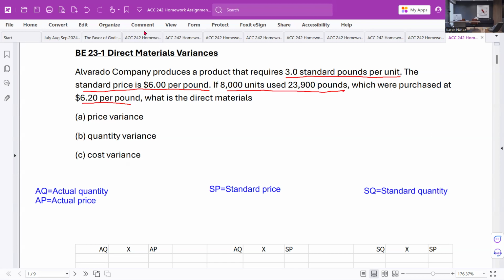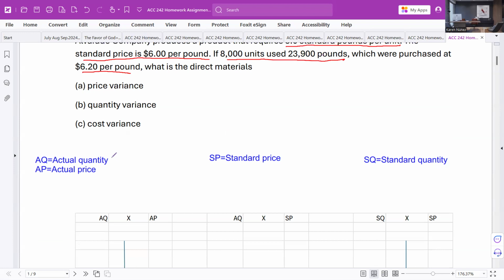So if I could go back and fill in some of this information, they used 23,900 pounds. I think it's easier if I type. The actual quantity here is 23,900 pounds.